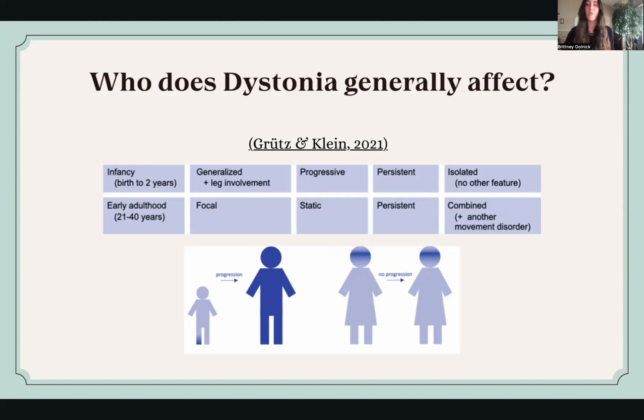A thing to note is that when you're looking at early diagnosis, it's generally genetic or developmental. And when you're looking at early adulthood, normally this means that it is acquired or secondary.